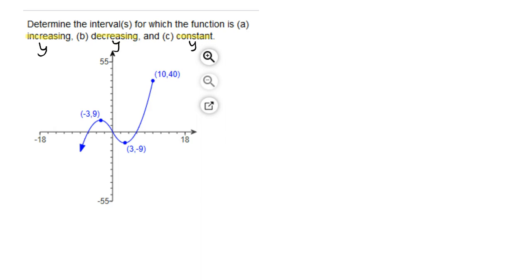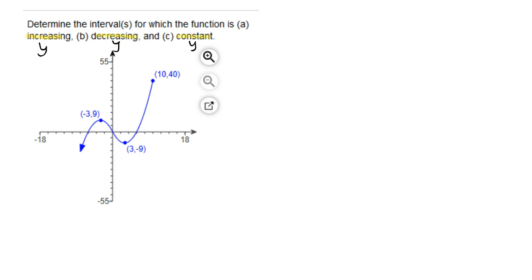So what we want to do is trace the graph going from left to right. The reason why we go from left to right is because we want to go on the x scale from smallest to largest. So that would go from left to right. We're going to trace the graph from left to right, and as we go, we're going to figure out what's happening to the y values.